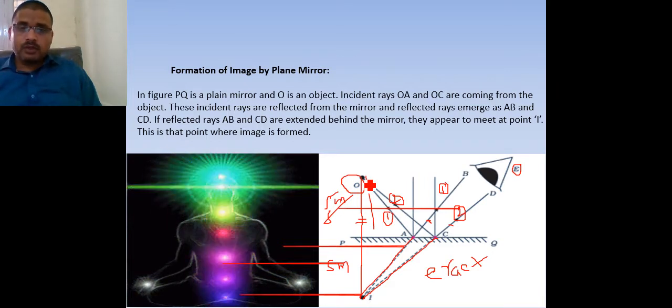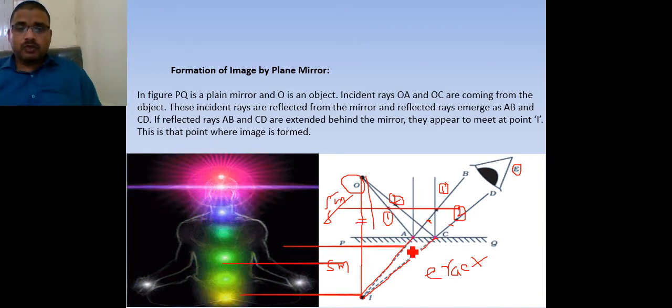So by this the image is formed in the plane mirror. Whenever you want to make an image by a plane mirror, draw two incident lines, and then extend these two lines backward in a straight path.